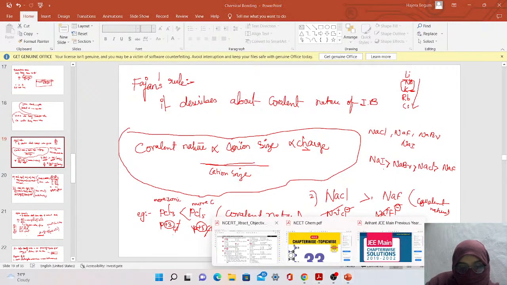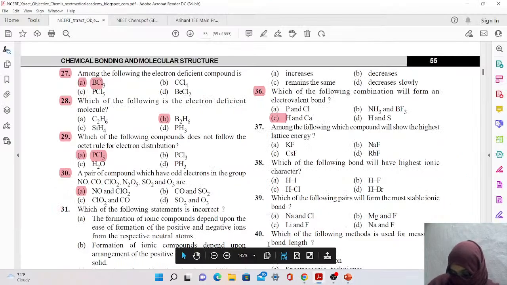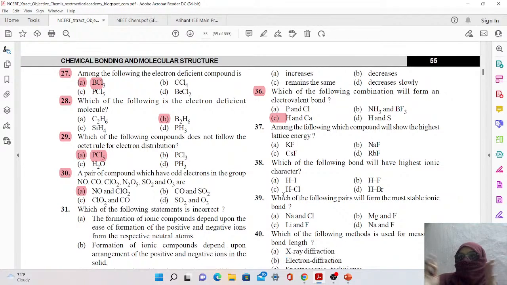So what do you think the answer is? Cesium has the highest cation size. More cation size means less covalent. Less covalent means more ionic. That means the answer is cesium fluoride, because it is more ionic. The answer is CsF.